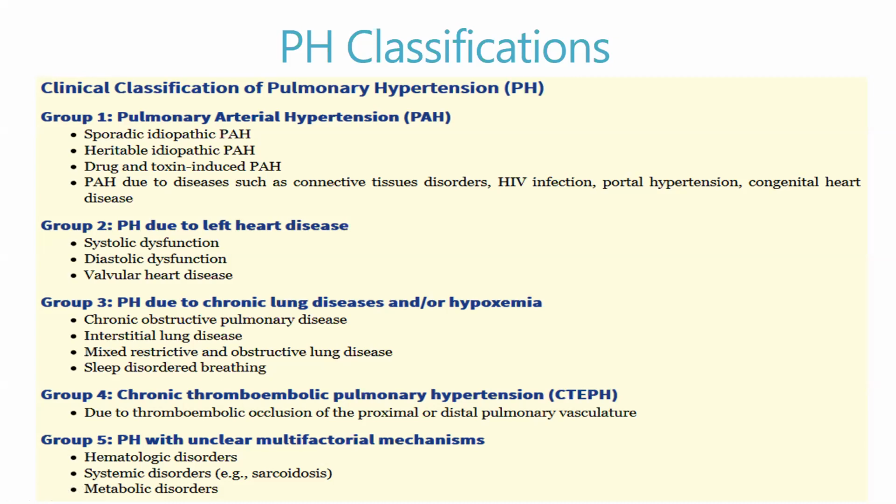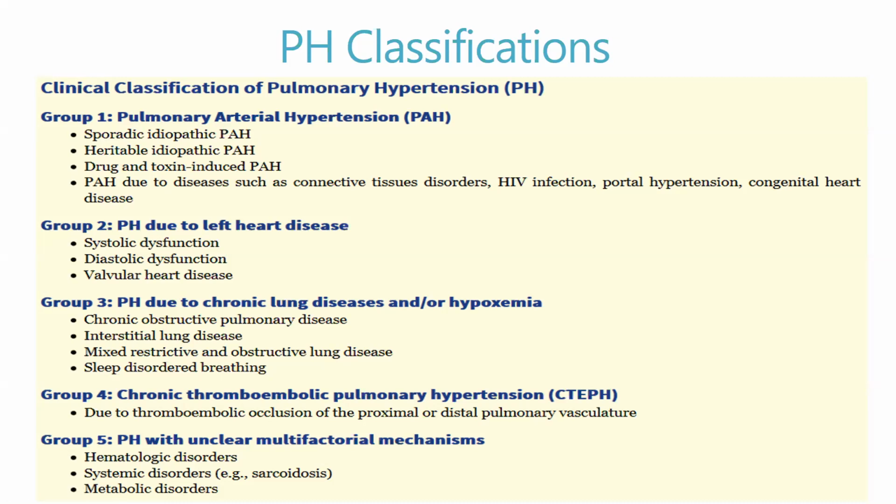They are grouped because they are drug and toxic induced, and pulmonary artery hypertension due to diseases such as connective tissue disorders and HIV infections, portal hypertension from the liver, and congenital heart diseases. So group 1 are all of these things combined together, classified.